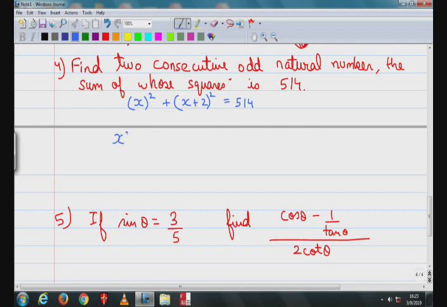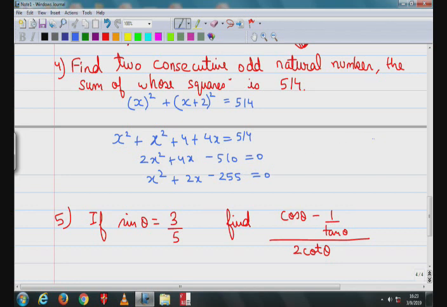So x square plus a square plus b square plus 2ab is equal to 514. 2x square plus 4x minus 510 is equal to 0, and dividing by 2, now you can solve this equation.